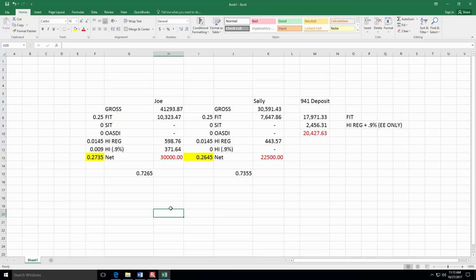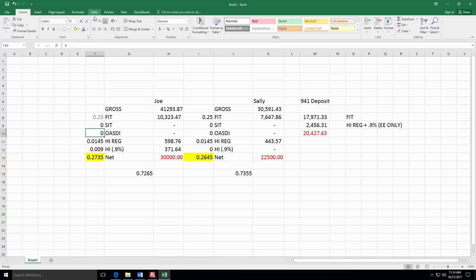12 points. I think what I'll do is just put a little blue block wherever there's a point. So really, the key to it is give yourself +1 if you just basically set it up like this, like you did a gross check minus all the taxes equals net. That's +1. Then you get +1 if you caught that there was a 25% FIT.